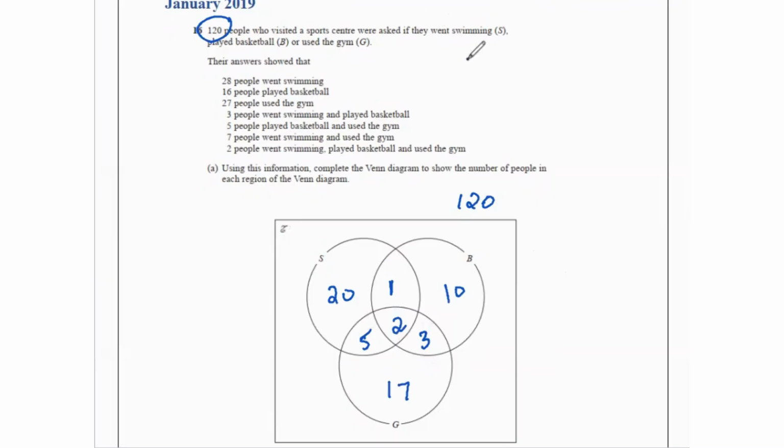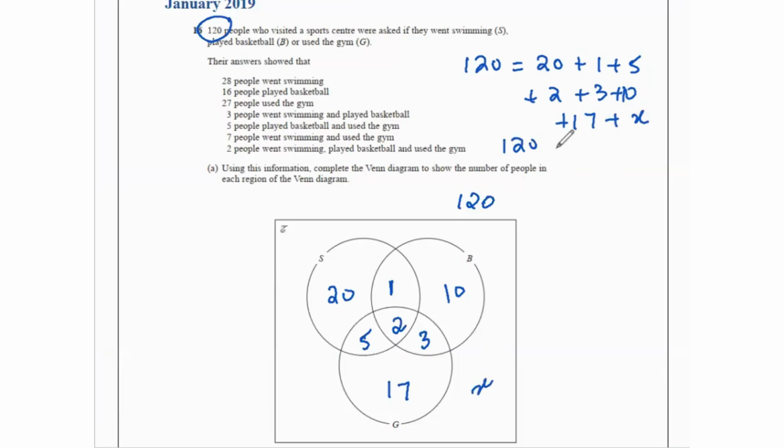So 120 equals 20 plus 1 plus 5 plus 2 plus 3 plus 10 plus 17. That's 58, which means there's something outside. So that means an x goes over here.